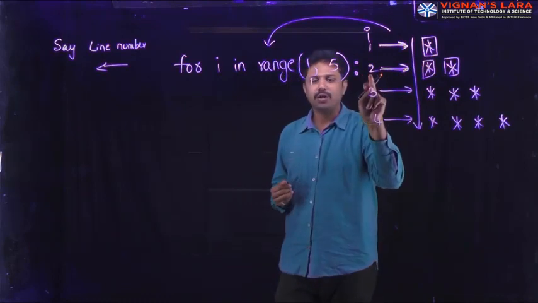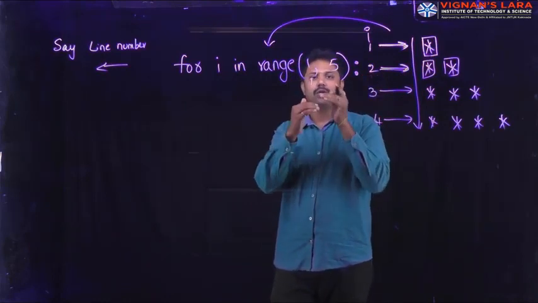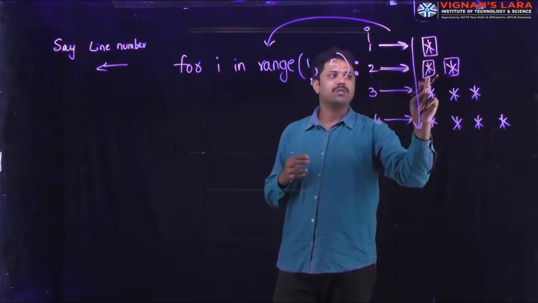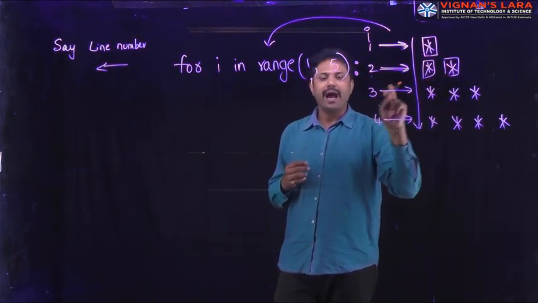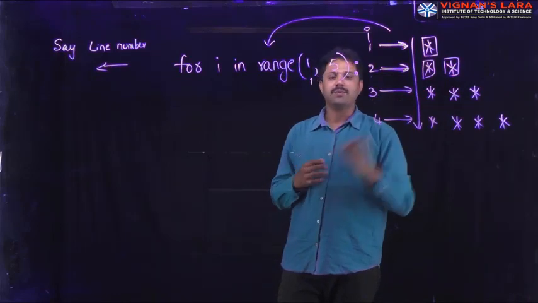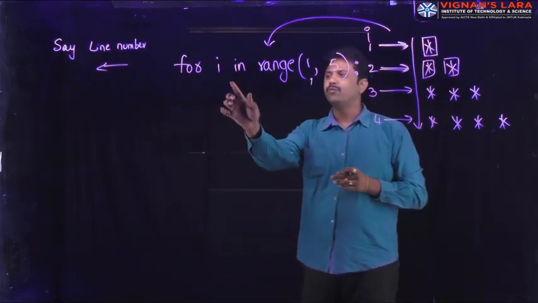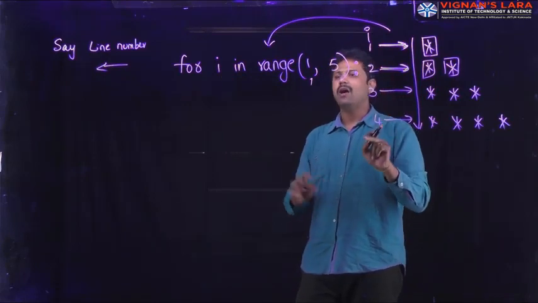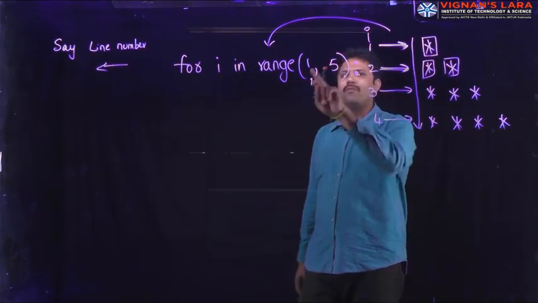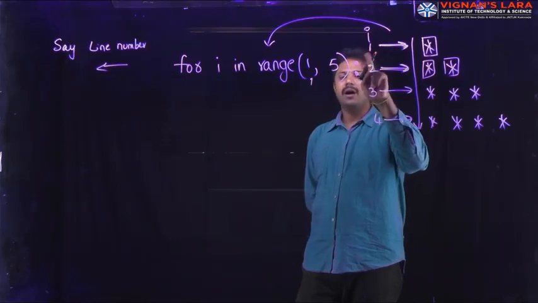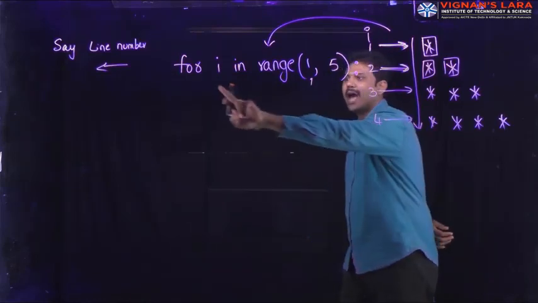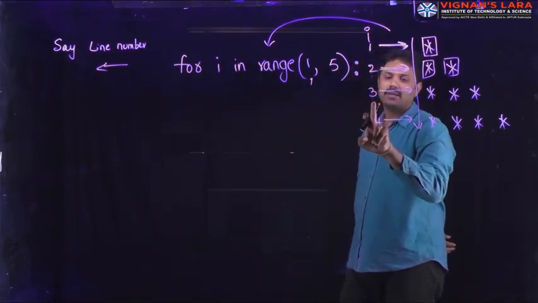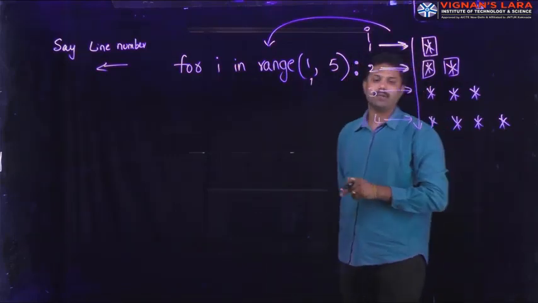If I select 2, I'm going to print the star 2 times. If it is 3, I'm going to print the star 3 times. We already know that by using this for loop, I simply select the lines. For I is 1, I selected the first line. For I is 2, the second line. I is 3, go with the third line and the fourth line, and so on.